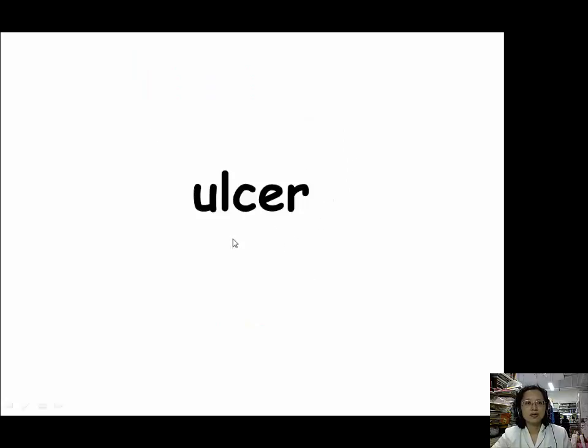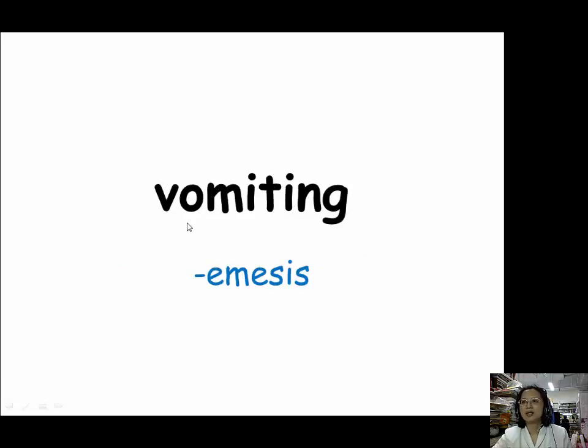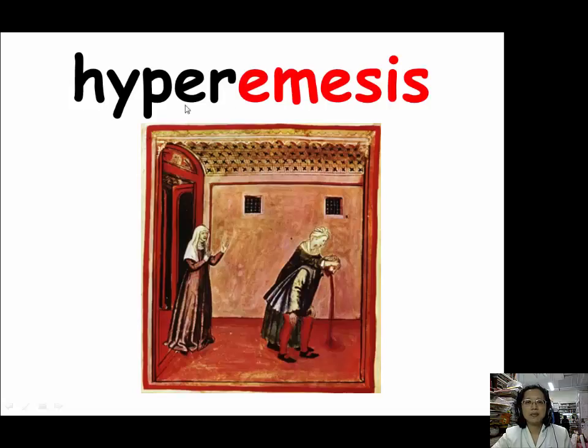Let's review what we've learned. For ulcer, we have these two prefixes to use, helco, H-E-L-C-O, or ulcero, U-L-C-E-R-O. For vomiting, we have the suffix emesis, E-M-E-S-I-S. Our example is hyperemesis.